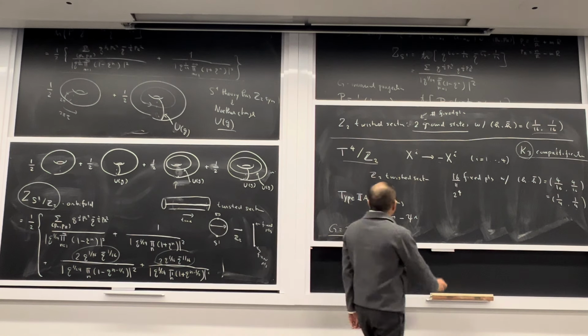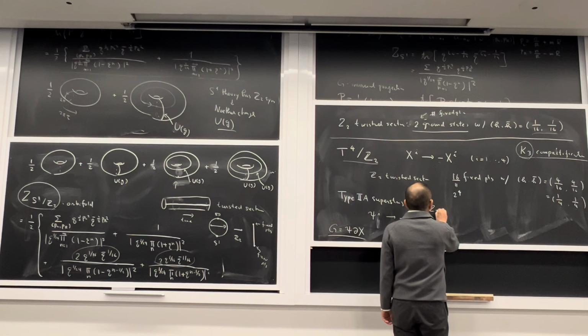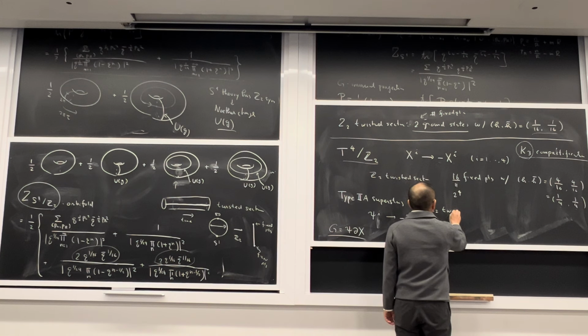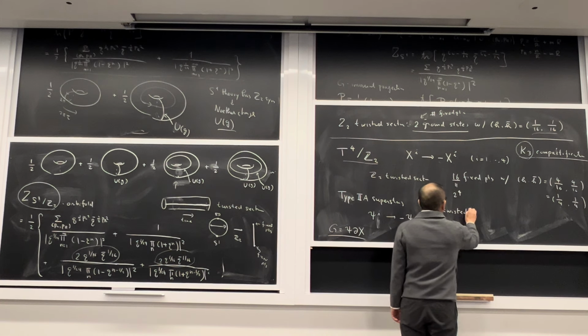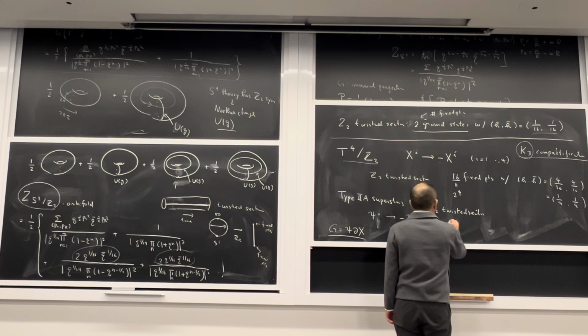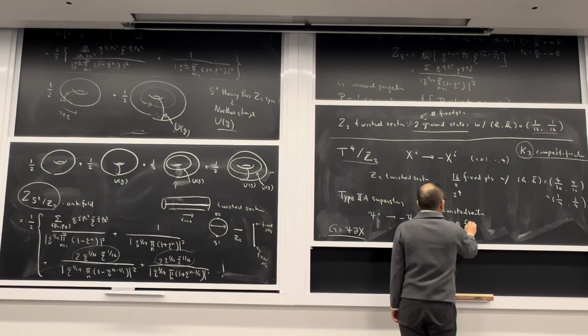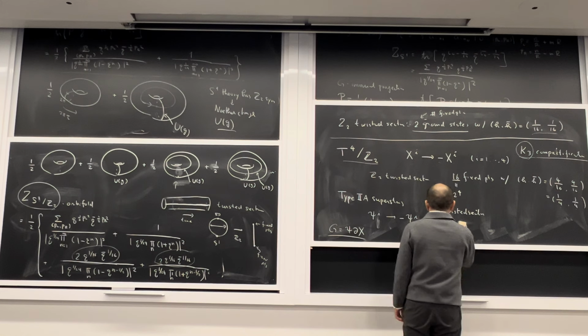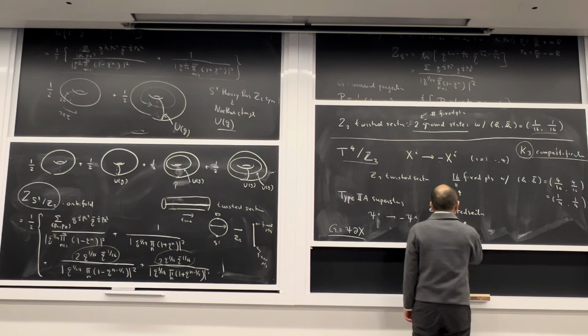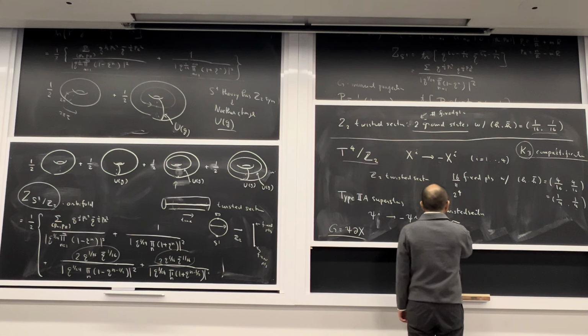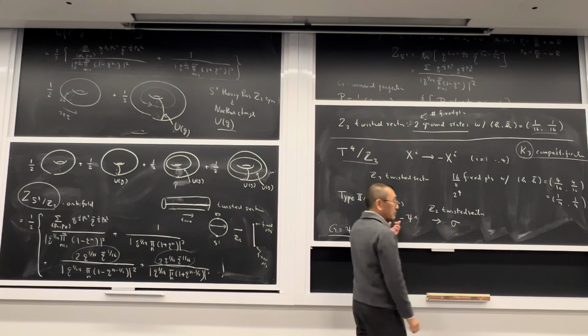So that means that the Z2 twisted sector includes the spin field. Namely, the fermion is also twisted, so you have to introduce a spin field, which flips the sign of sigma.